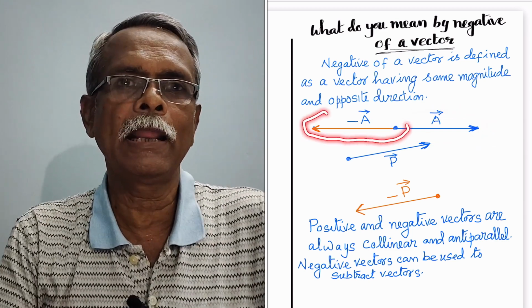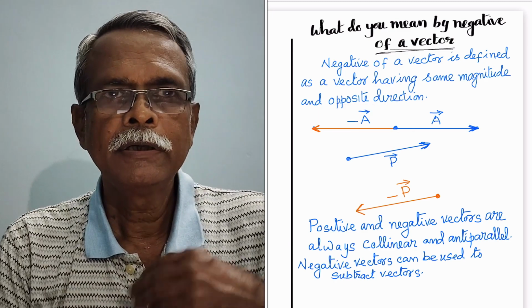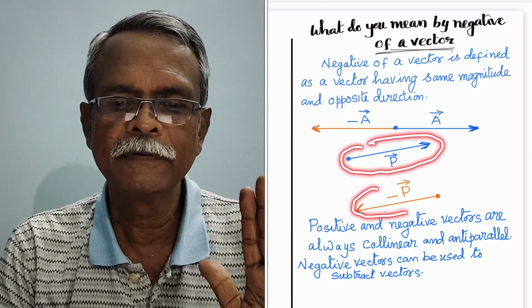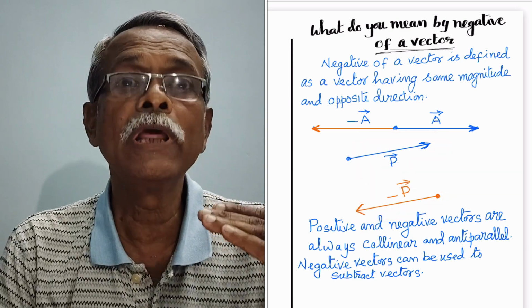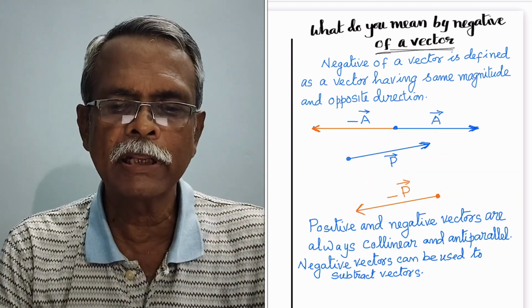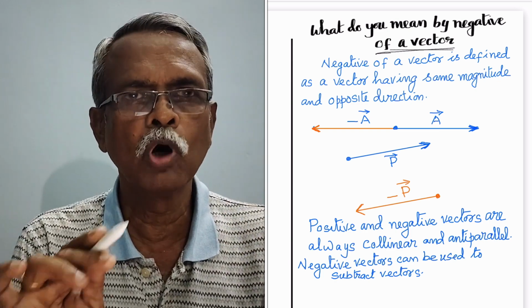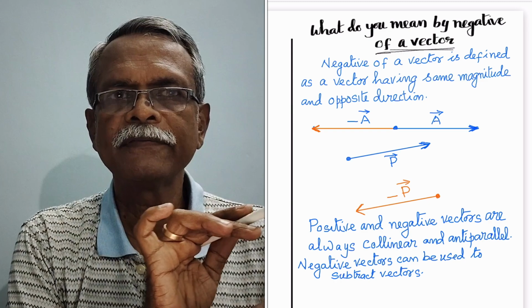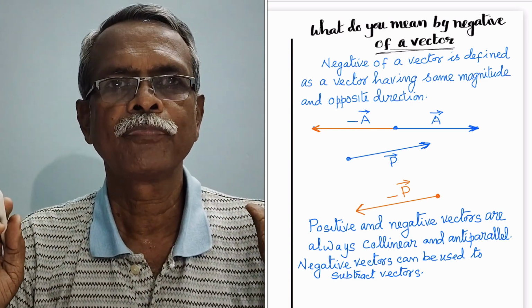They are anti-parallel. And positive and negative vectors are always collinear. That is, a positive vector is always collinear with the negative vector. Both the positive vector and the negative vector lie along the same line.